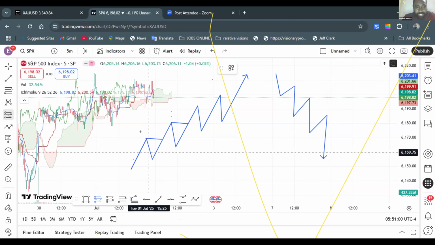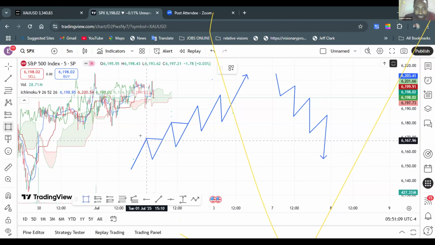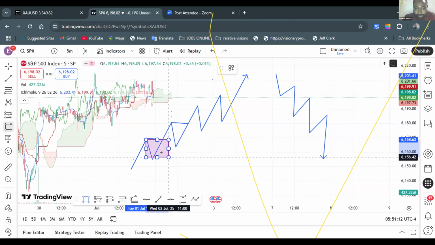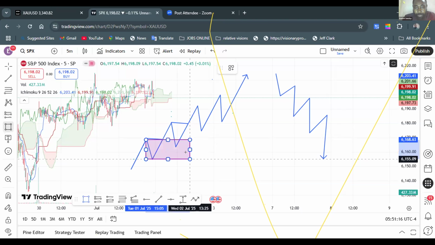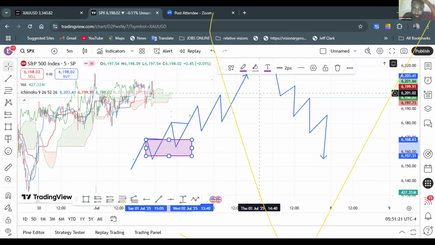Let's say you pick this as your demand zone. You're expecting that the market will retest this, and when it retests this, you drive it. And the market has not given you all these other ones.